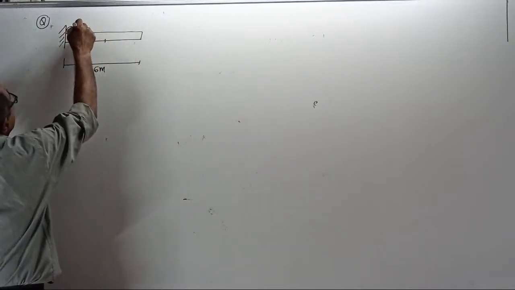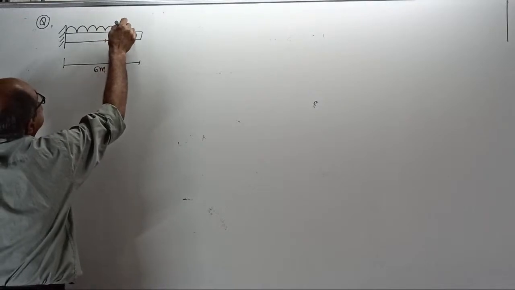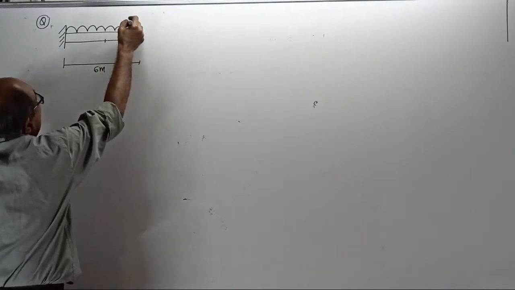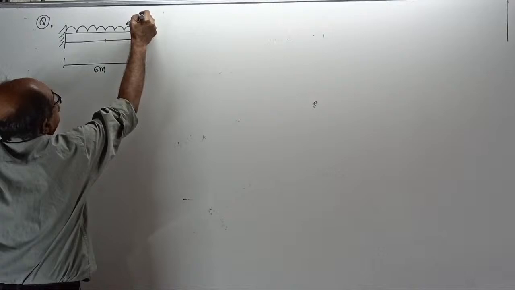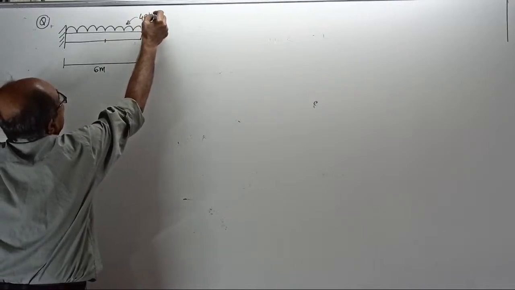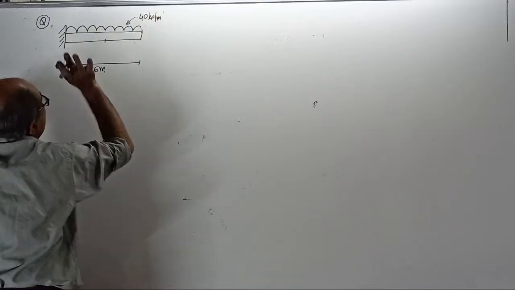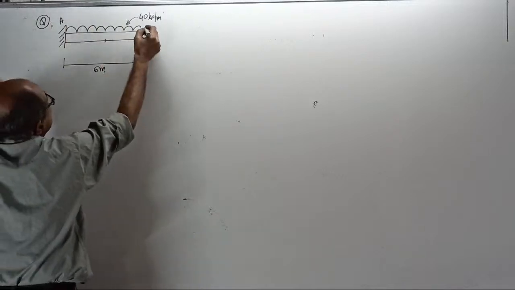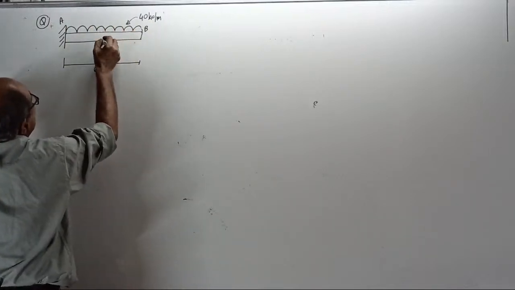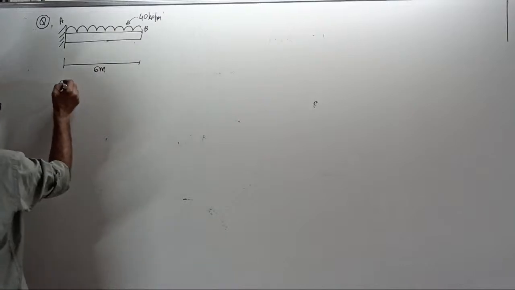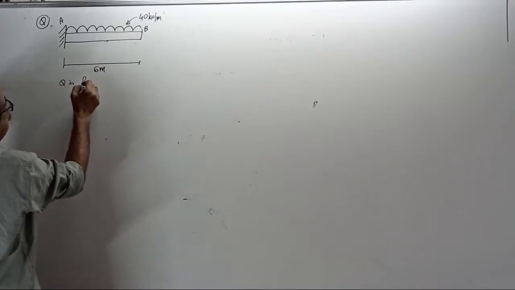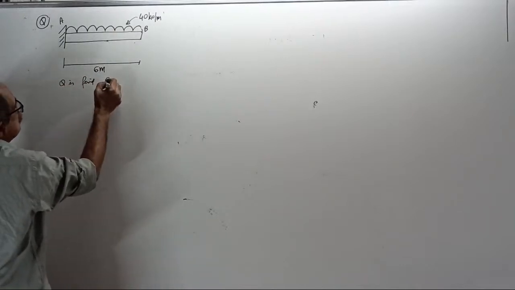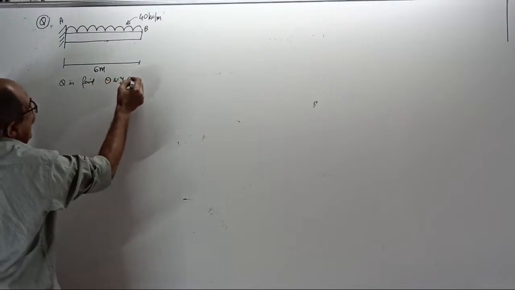It is loaded by a UDL of intensity, any intensity, say 40 kilonewton per meter over the entire span. This I will call A, this I will call B. This is the question. Now, the question is, find slope and deflection at the free end.